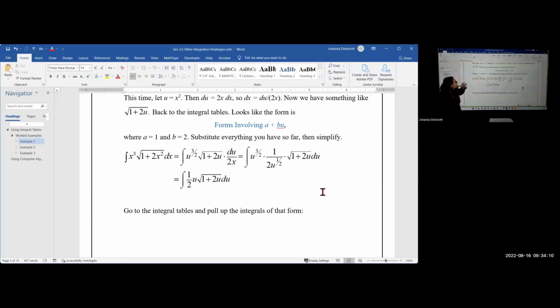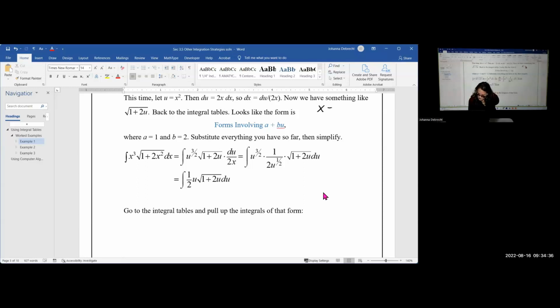Well, all right, if I let that be the case, then starting back with my original integral and making my substitutions where a is 1 and b is 2, and u was x squared, and dx is du over 2x, and x is the square root of u, then if I come down here, I can replace each piece.